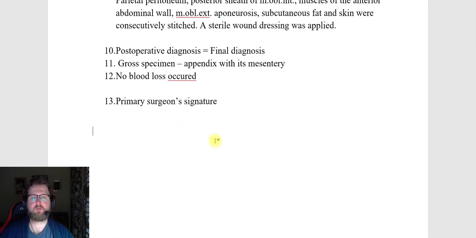Okay, so now we're done with description of operation. We're done with surgical part. After surgery, the patient will be admitted into his ward, and he's going to receive post-operative treatment. And that is another section of a surgical case history where you'll have to describe post-operative treatment.